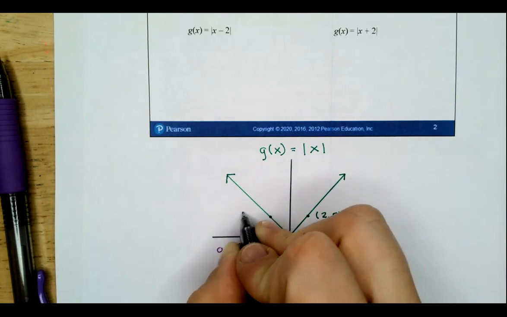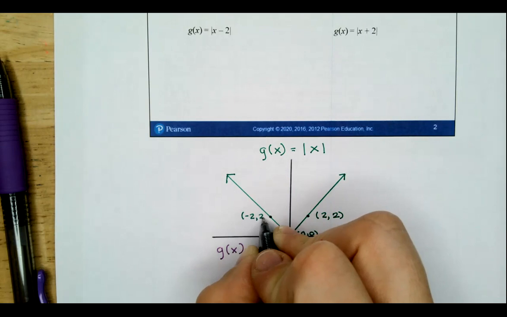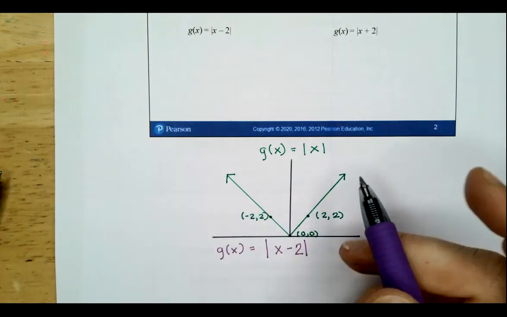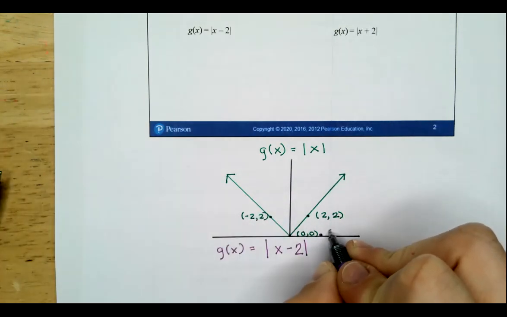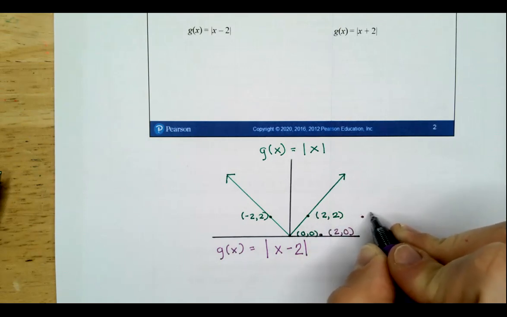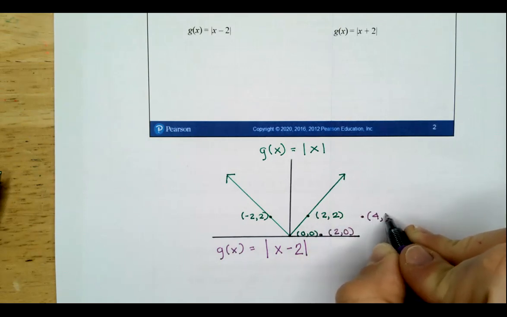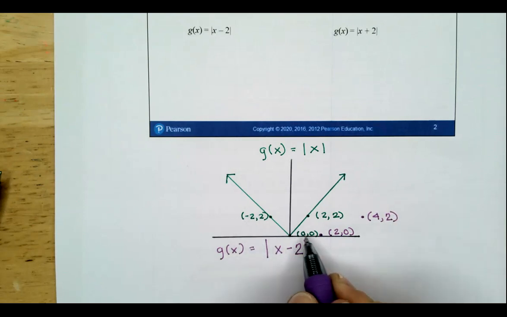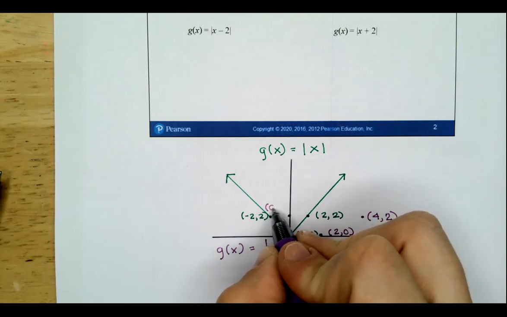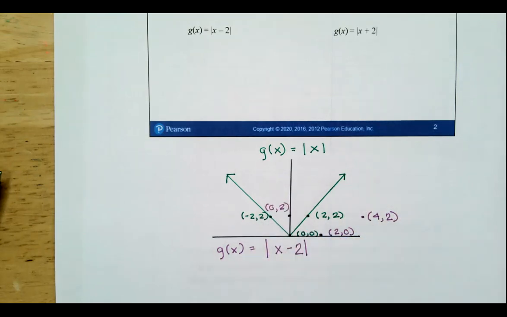And then over here we have negative 2, 2, right? For this one, we're going to add 2 to our x values. So instead of 0, 0, we're going to have 2, 0. Instead of 2, 2, I'm going to have 4, 2. Okay? Instead of negative 2, 2, I'm going to have 0, 2.